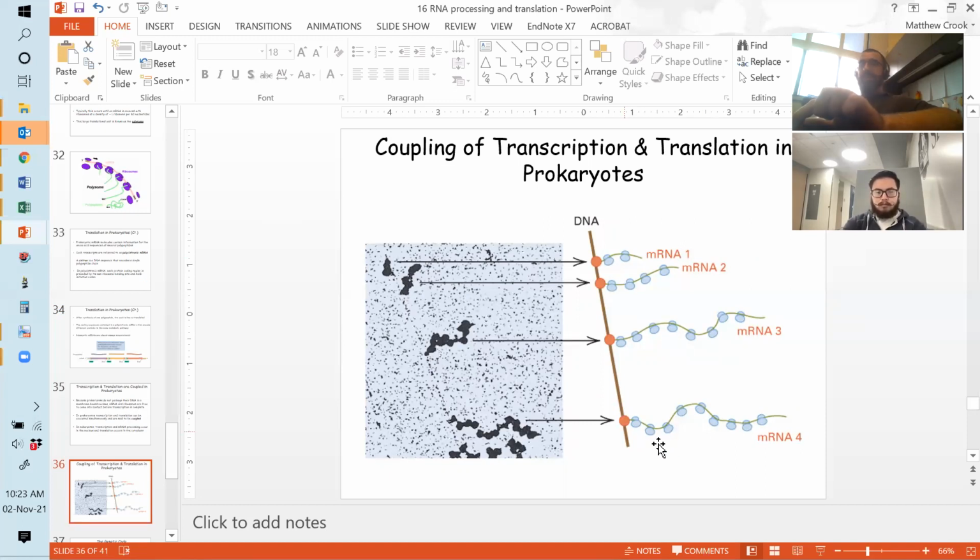So the mRNA hasn't even been finished, and we already have this polysome formed and proteins being produced from that mRNA. Right, and this allows a couple of different things. One, it allows prokaryotes to scale up gene expression very quickly. Right, so they're able to respond very quickly to changes in their environment, whatever those changes may be.